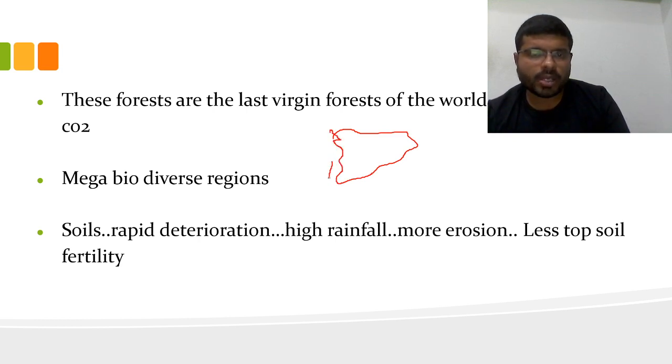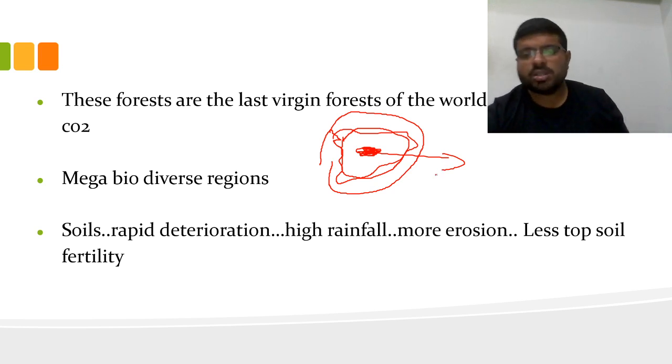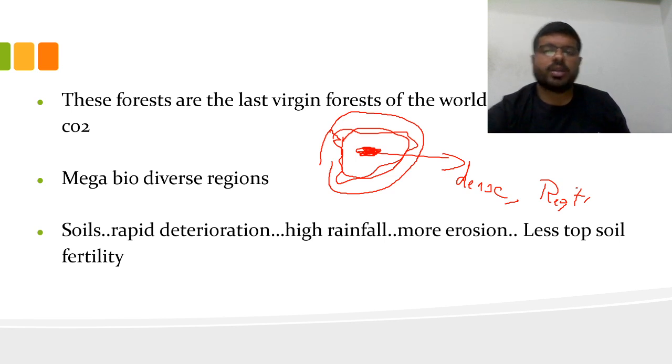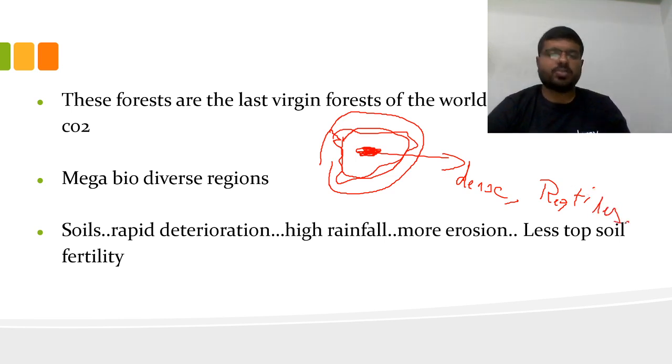There will be more exploitation around this part, the edges, whereas the interior areas are very difficult, because these are the most dense forest, and they have harmful reptiles, so naturally they are difficult for exploitation.